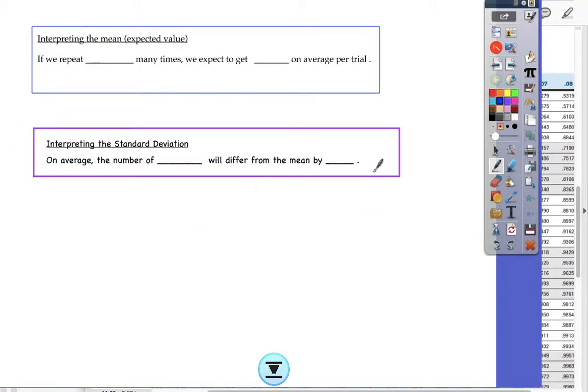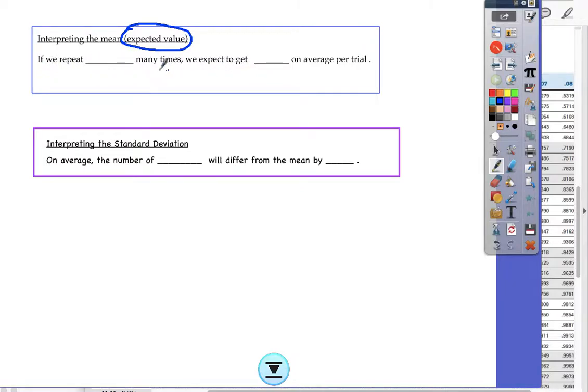Here is how to interpret the mean and the standard deviation. The mean is also known as the expected value. So especially if a problem asks you how many of whatever would you expect to get, that would be implying that they want you to find the expected value or the mean.